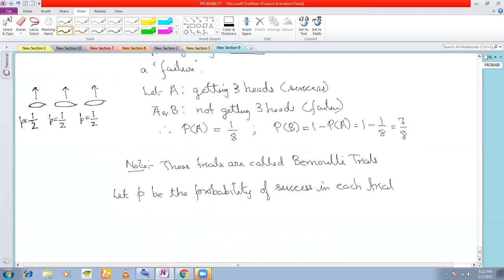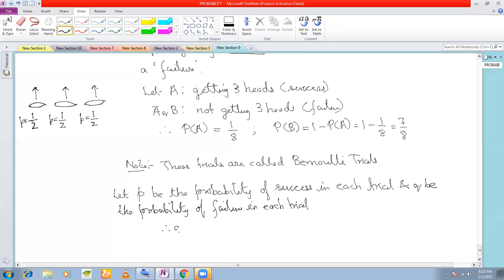Okay. Similarly, coming back to this, let P be the probability of success in each trial, and Q be the probability of failure in each trial.